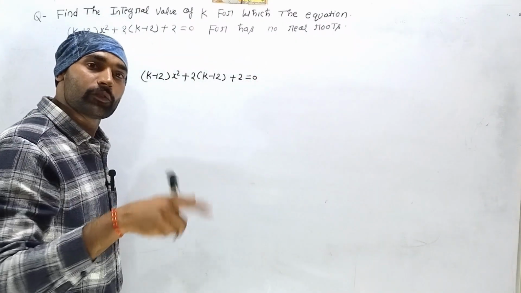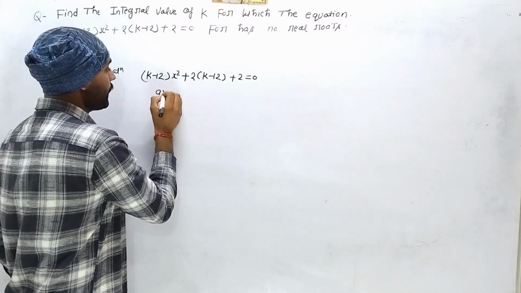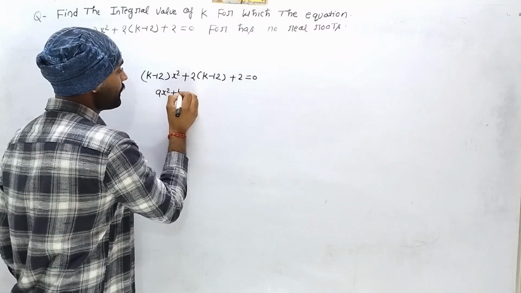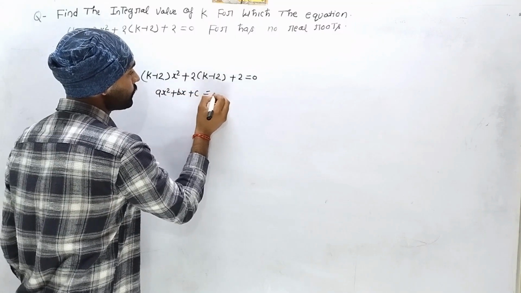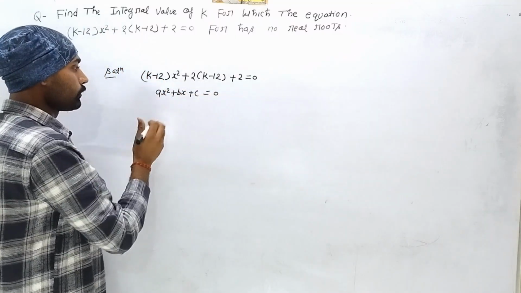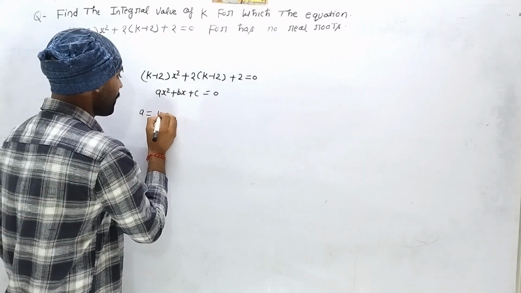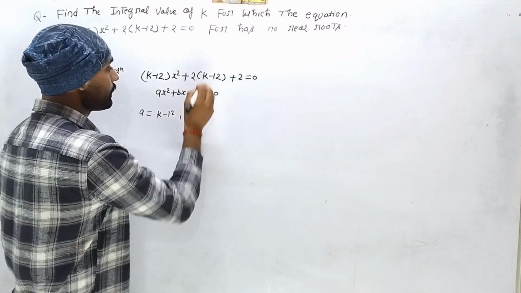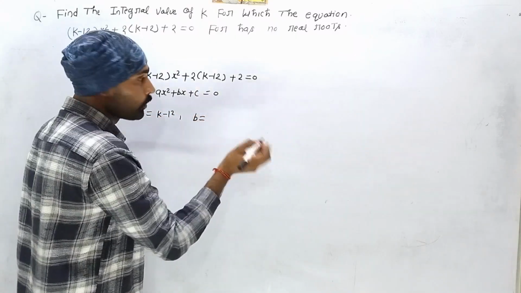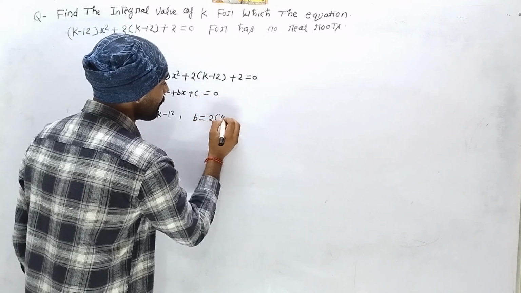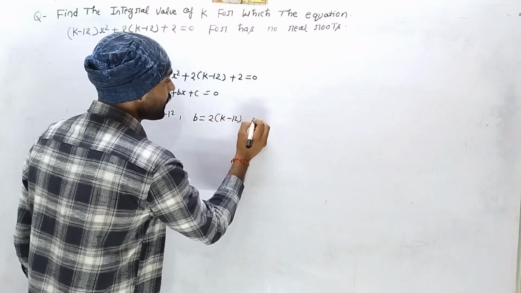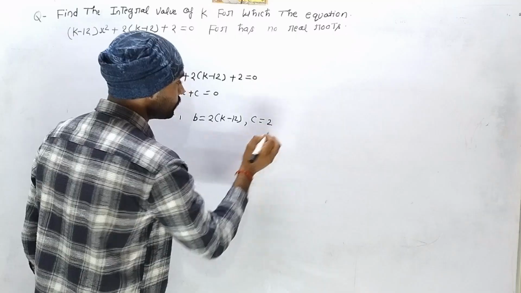We compare with the general equation of the quadratic equation ax square plus bx plus c equal to 0. Here a equal to k minus 12, b equal to 2(k minus 12) and c equal to 2.